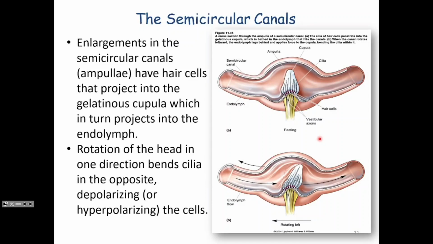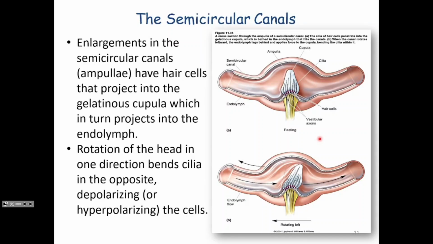Okay, so when I turn to the right side, the endolymph is going to move towards the left. It looks like it is not moving. It is stationary. It has inertia. But your right semicircular canal is moving, turning towards the right.